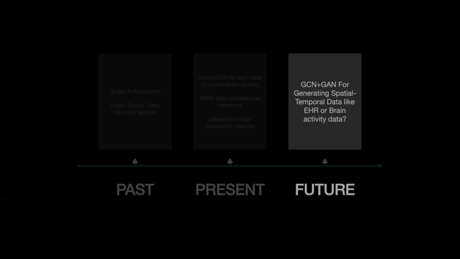I think there's a lot of potential because we now lack a lot of data in graph representation. And if we can use GCN and some generative model to create spatial temporal data like EHR or even brain activity data, that would be really helpful to the healthcare or medical area.